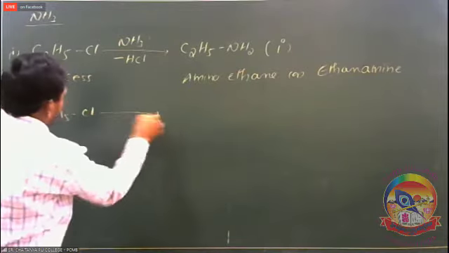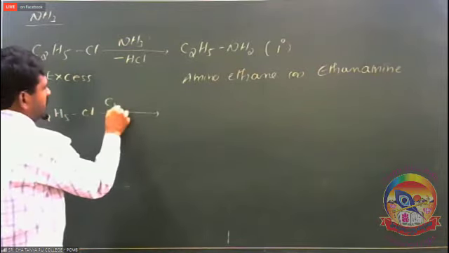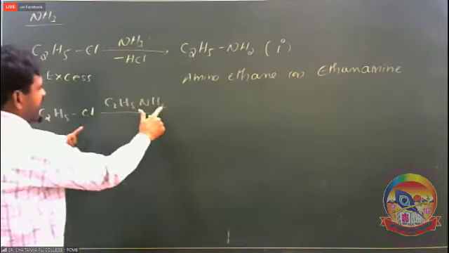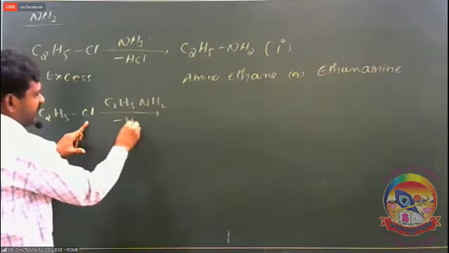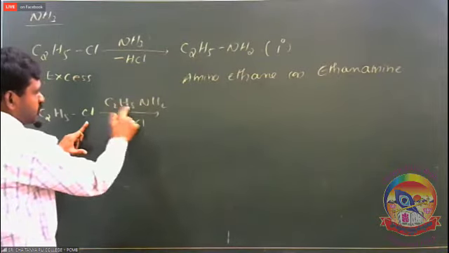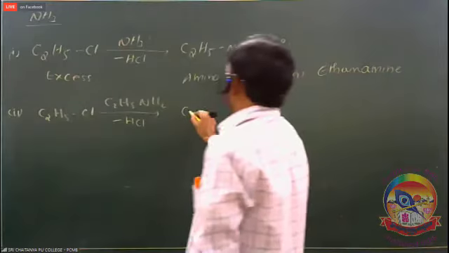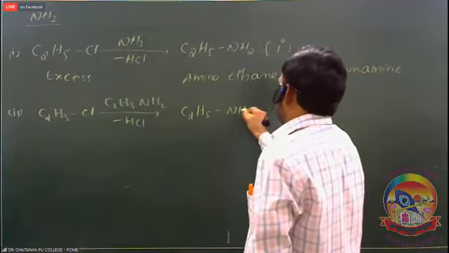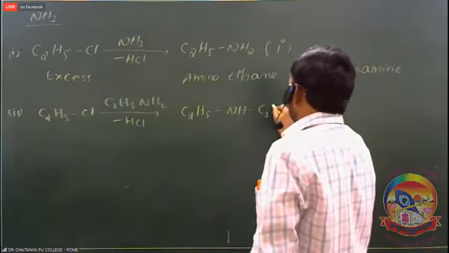It reacts with another ethyl chloride molecule, and one H and Cl, HCl, is eliminated. Now the nitrogen NH group is attached to 2 ethyl groups. The product formed is C2H5NH C2H5.